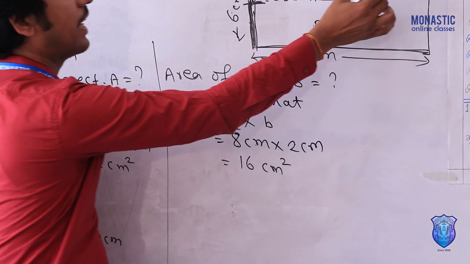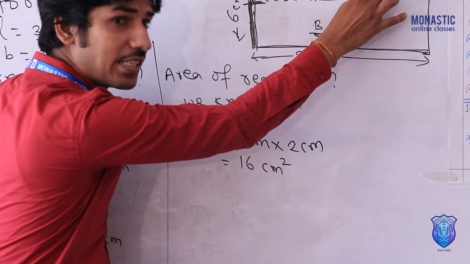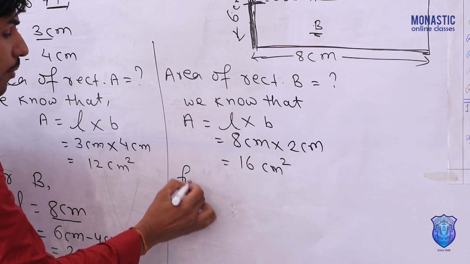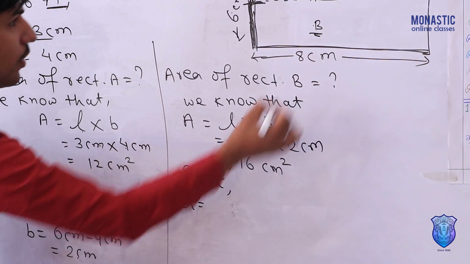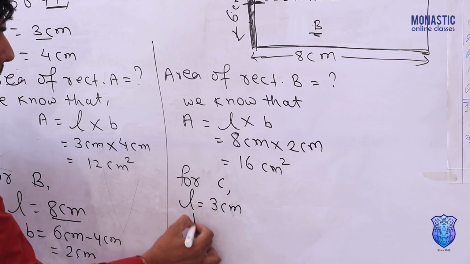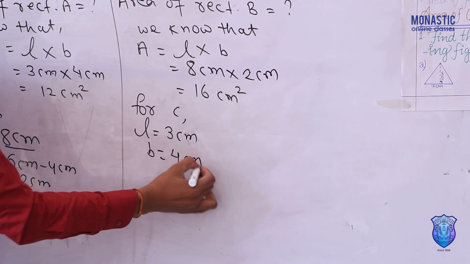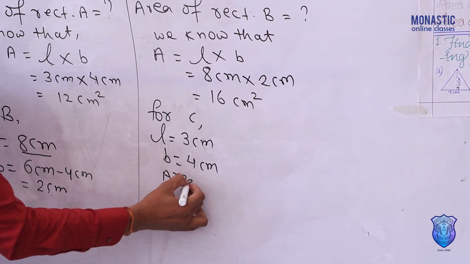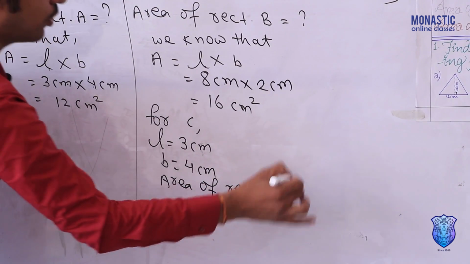After this, now we have to find the area of this rectangle C. So now take C. Length is equal to how much? See, 3 cm. Breadth is equal to 4 cm. And area of rectangle C is equal to what?